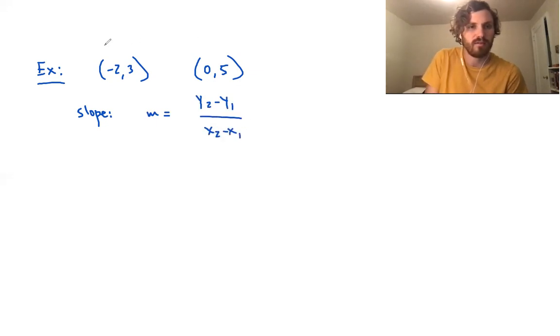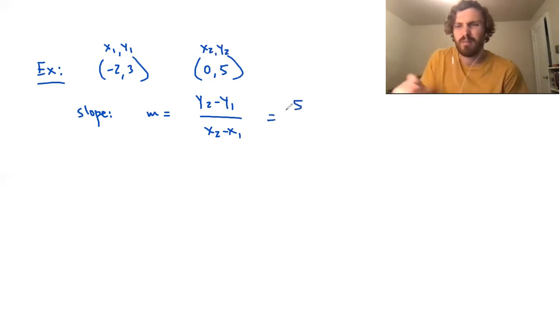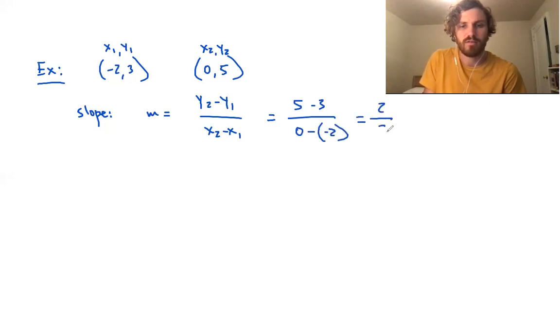I like to label these points as x sub 1, y sub 1, and x sub 2, y sub 2, so I don't make any mistakes. It doesn't matter which is which, by the way. I just arbitrarily chose it that way. So 5 minus 3 over 0 minus -2, which would be 2 over 2, which is 1. So it looks like my slope is 1.